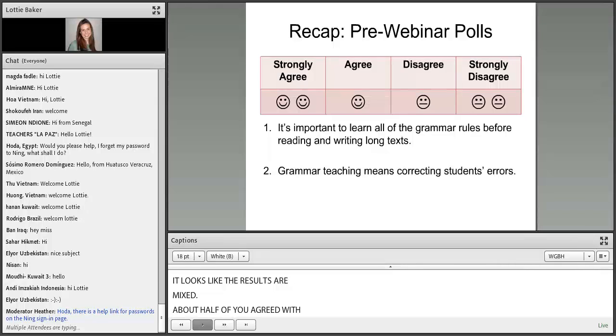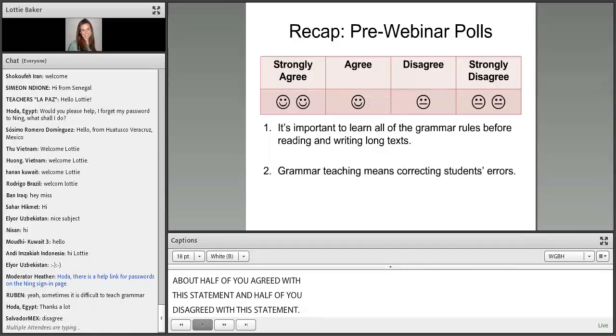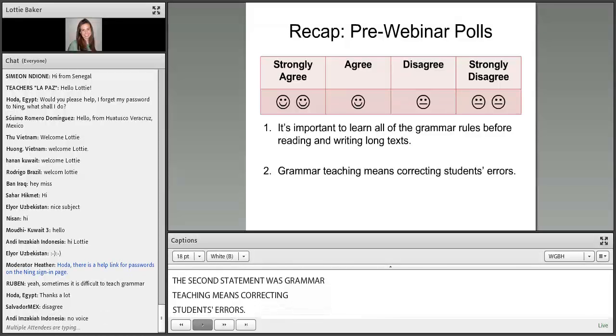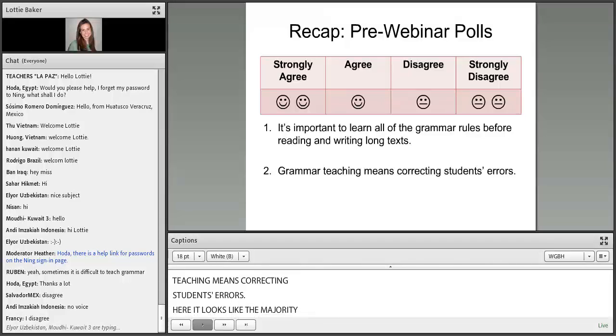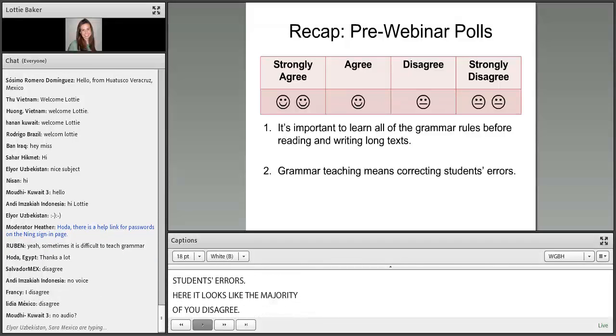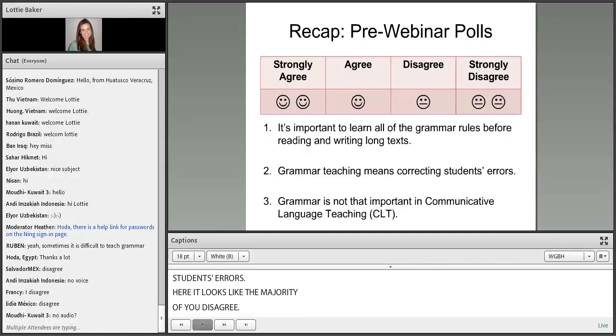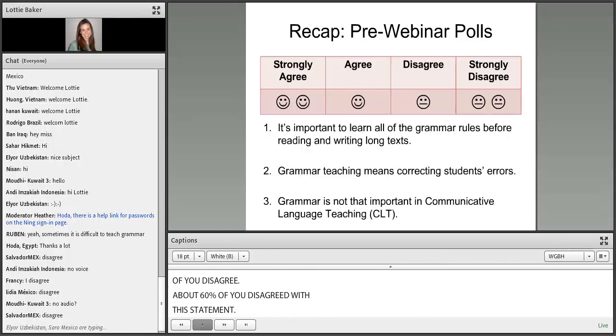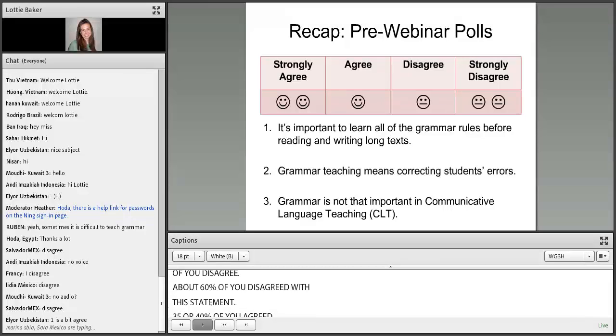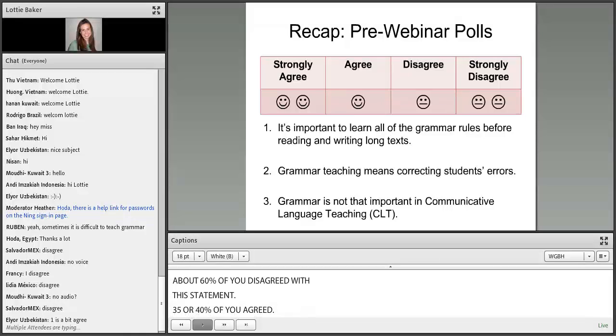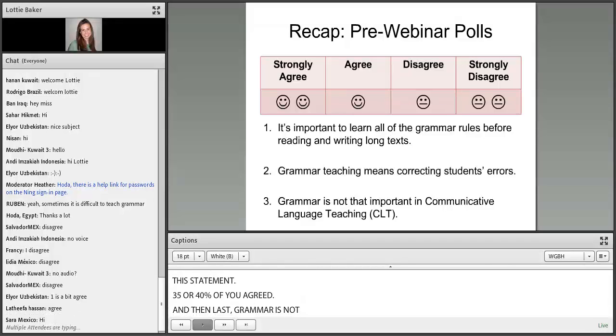The second statement was grammar teaching means correcting students' errors. Here it looks like the majority of you disagreed. About 60% of you disagreed with this statement and 35 or 40% of you agreed. And then last, grammar is not that important in the communicative language teaching, CLT.